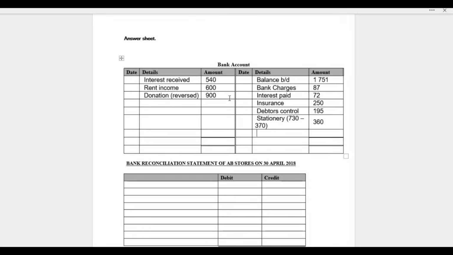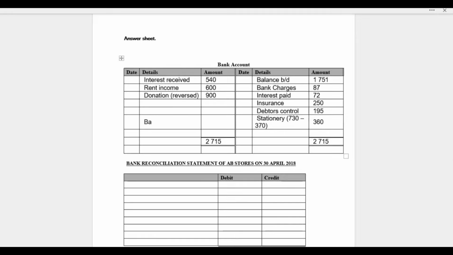I get a total of 2,715. And then on the debit side, we'll have an equal total of 2,715.